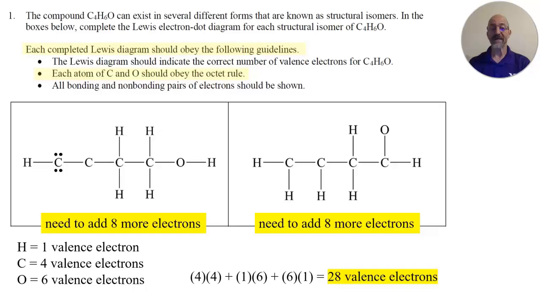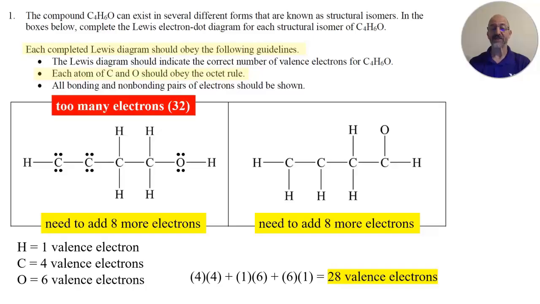Now, what I'm going to do is add non-bonding pairs of electrons, also known as lone pairs of electrons, to complete each octet. So that carbon now has a complete octet with 2 lone pairs of electrons. The next carbon, I'm going to add 2 lone pairs of electrons. And then that oxygen atom, I'm going to add 2 lone pairs of electrons. Now, I did complete the octet for each atom.